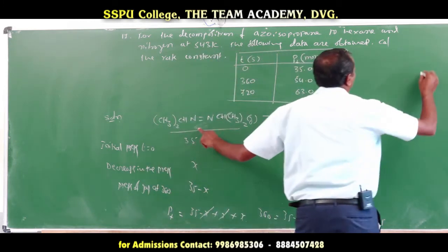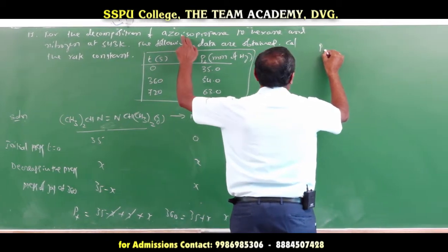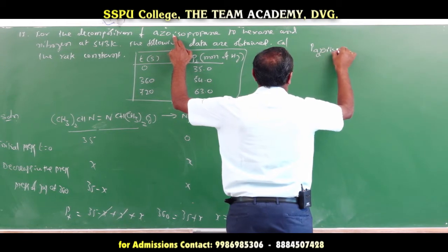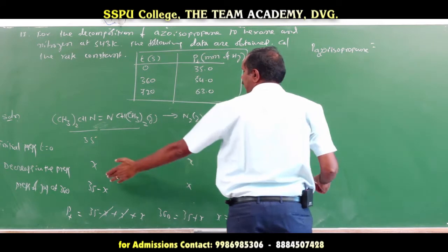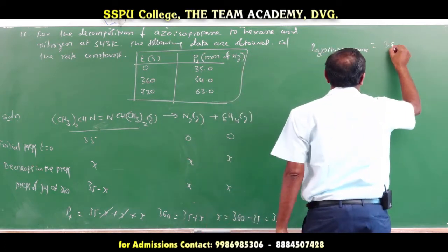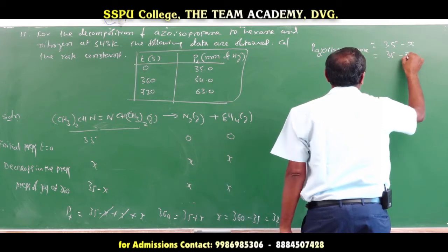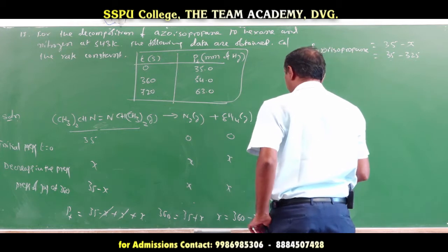Then the partial pressure of this compound, the partial pressure of azoisopropane, becomes 35 minus X. The X value is 35 minus 325.